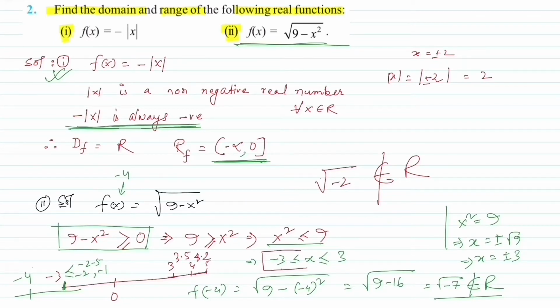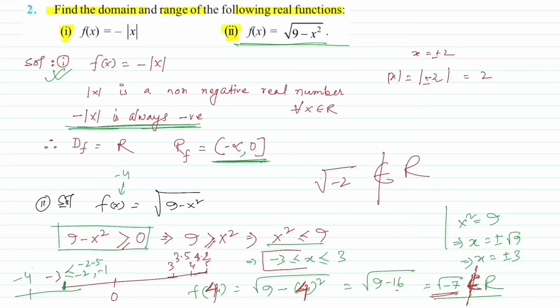In that case also, if you put x equal to 4, then f of 4 will be root over 9 minus 4 square, which is root over 9 minus 16, which is root over minus 7. That is also not a real number.